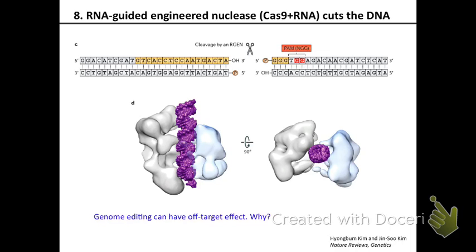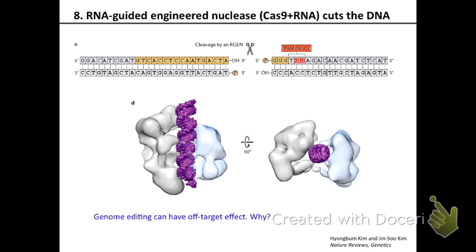First of all, can you guys tell me what's the difference between how the recognition occurs for the CRISPR system versus the ZFN and TALEN systems? There is a drastic difference in how the DNA recognition occurs. How do the ZFNs and TALENs bind to DNA?